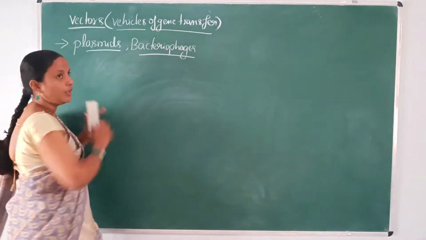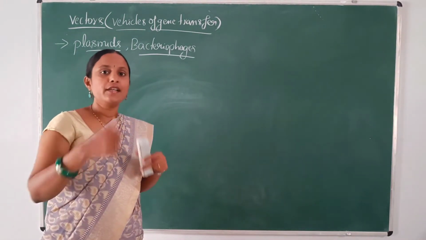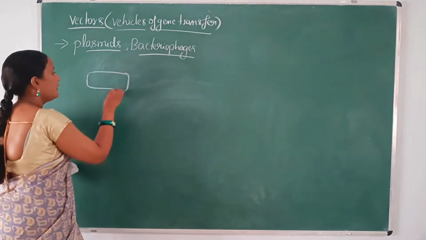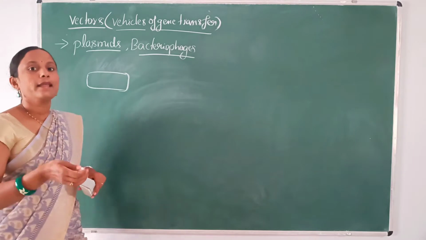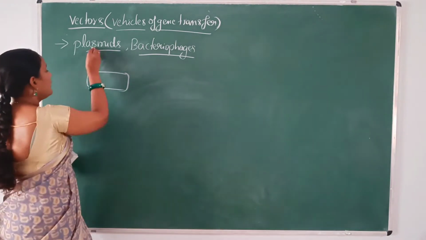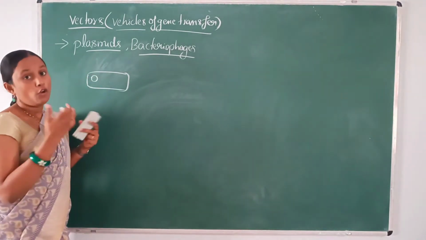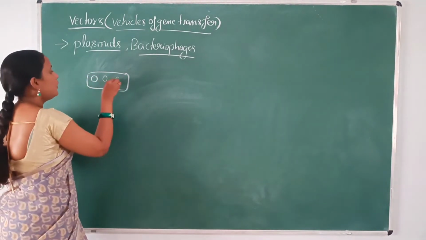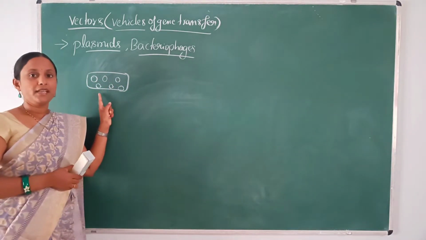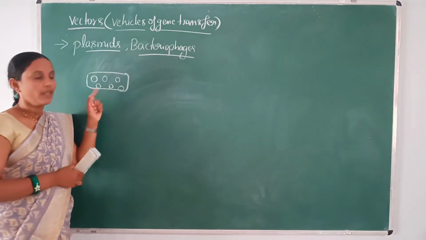So these two are capable of transferring or entering into the bacterial cell, and they multiply or they replicate in the bacterial cell. Suppose here the plasmid is present in the bacteria, and on its own it is capable of replicating. So during the replication, it can replicate the genes present in it.